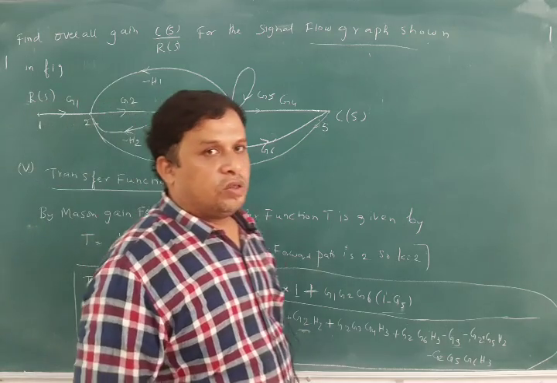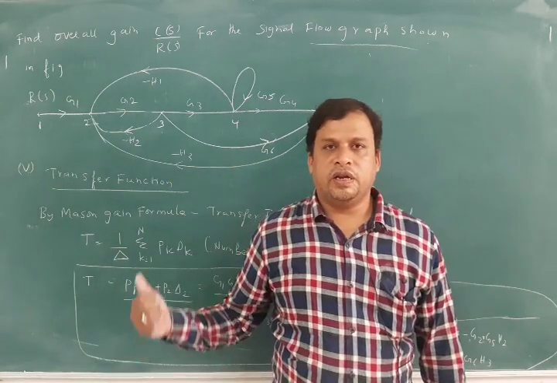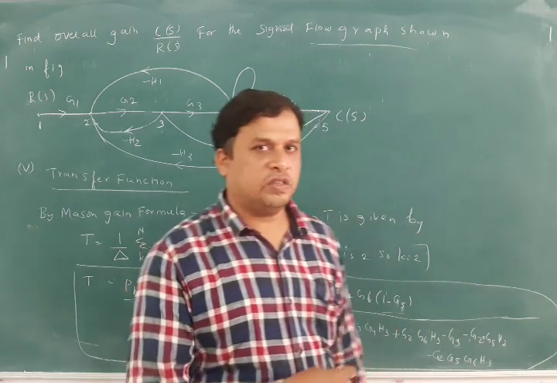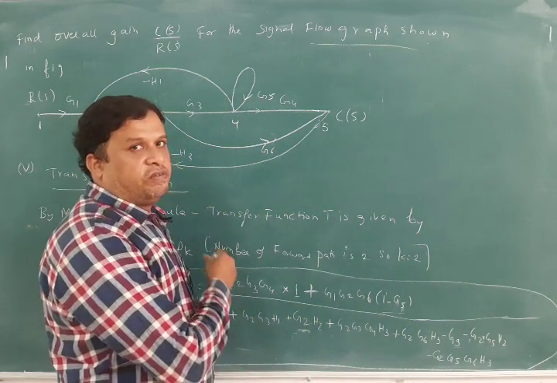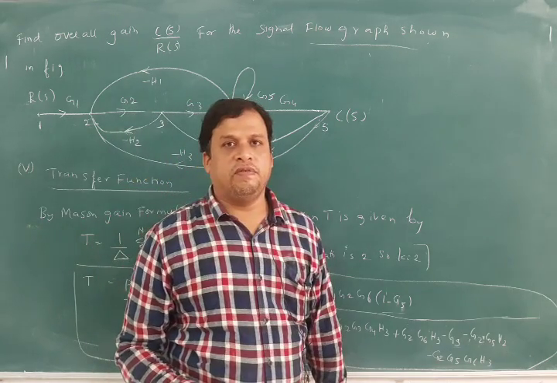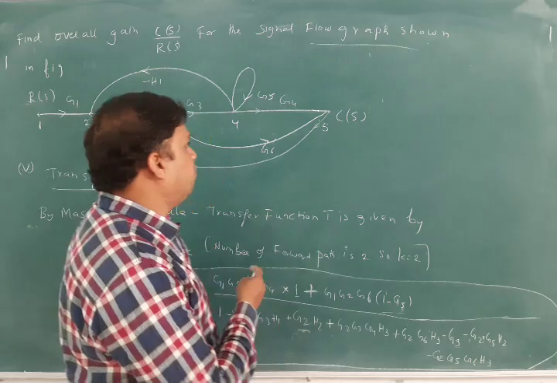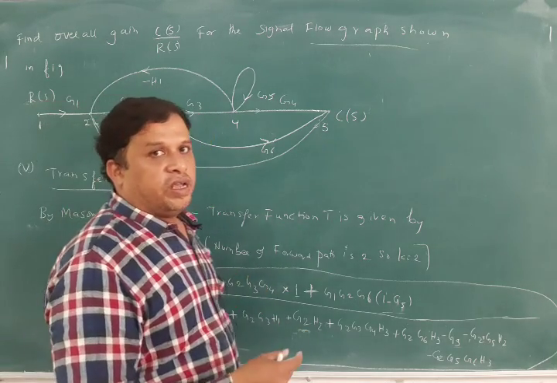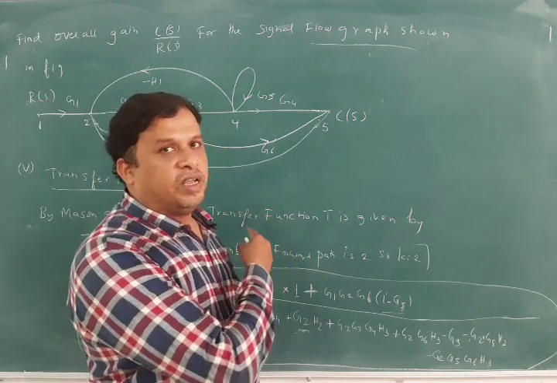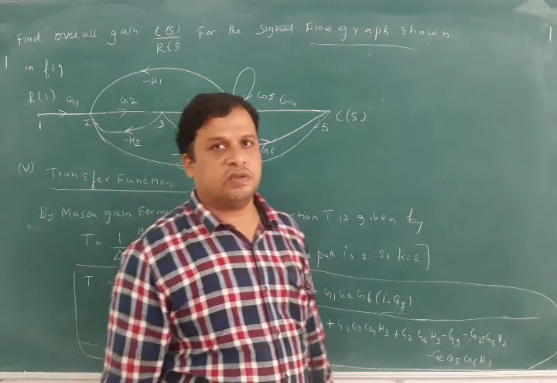In this way, Mason's gain formula was useful for deriving the transfer function, using these 5 steps only. Block diagram reduction and signal flow graphs can both be applied for deriving the transfer function. If the signal flow graph is given as a representation of a control system, we can derive the transfer function in these 5 steps.